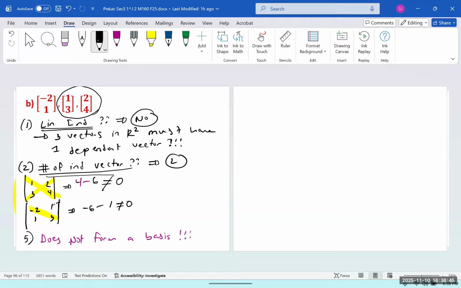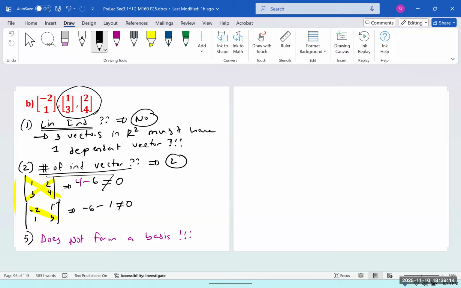No. So it doesn't matter which 2 vectors you take, as long as the determinant is not 0, you have 2 independent vectors. All 3 look like they're independent of one another individually, but one of them is a linear combination of the other 2. So individually, they're independent, but set-wise, they're not. They cannot be independent in R2.